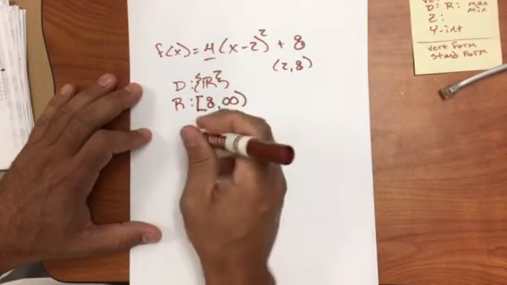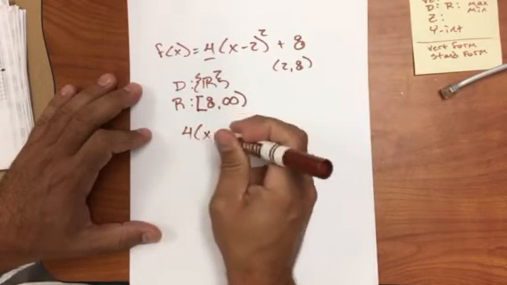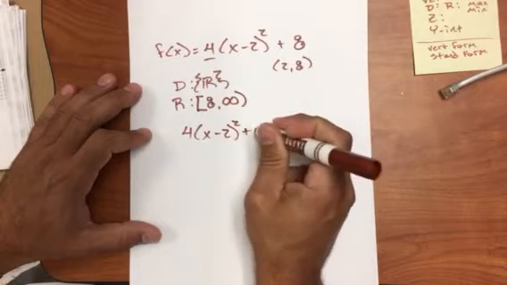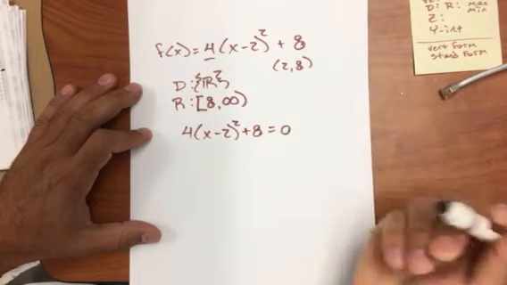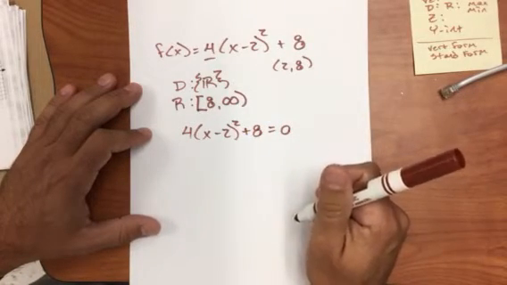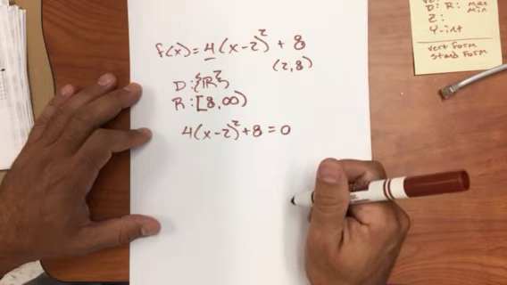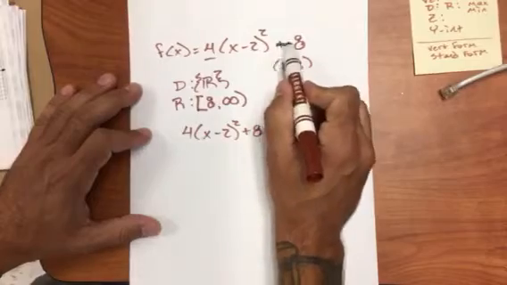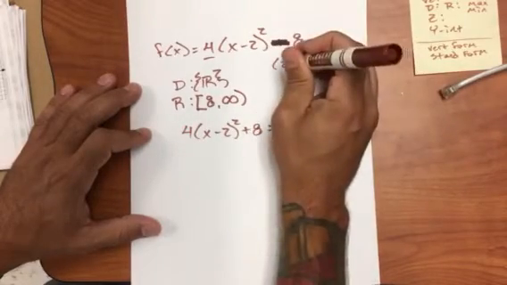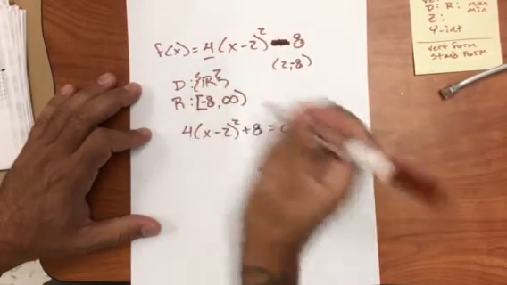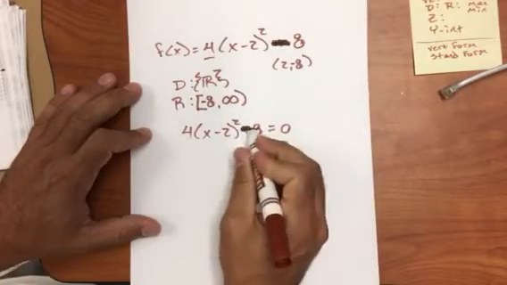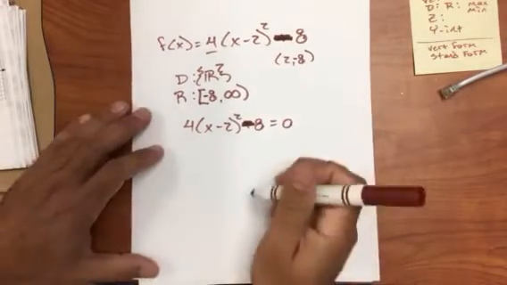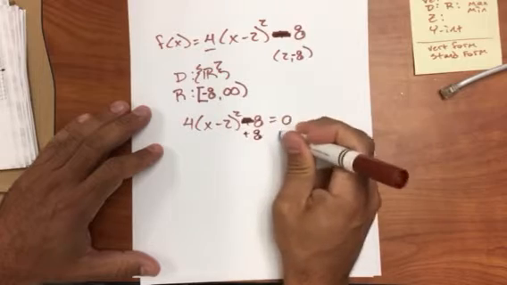My zeros are going to come from setting this function equal to 0. Oh, I should have given myself one where it didn't give me a negative value. That was dumb. So I'm going to make this minus 8, just because that was a bad example. So I'm going to add 8.